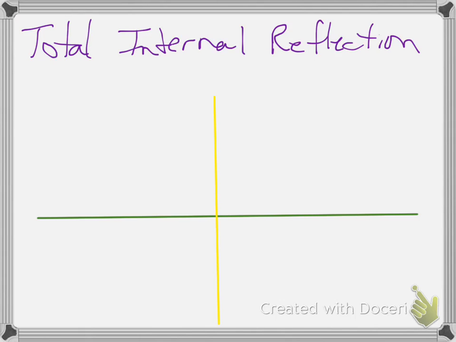You're going to have a situation where you have an incident ray coming in. That incident ray hits and creates a situation where you have the refracted ray bending away from the normal.